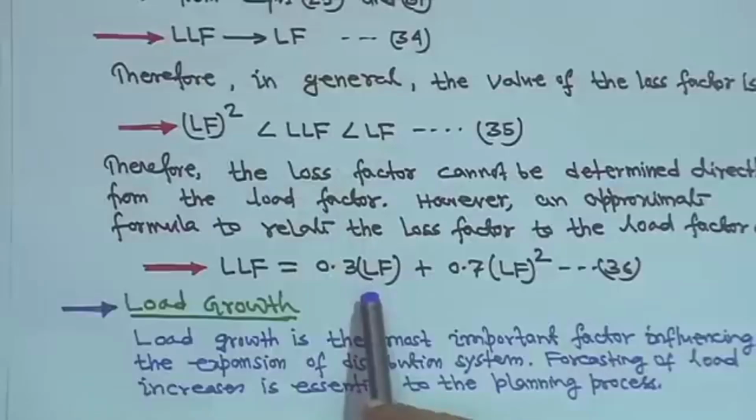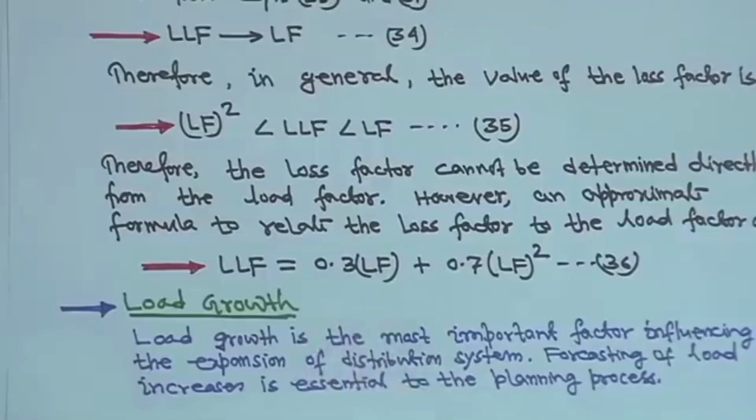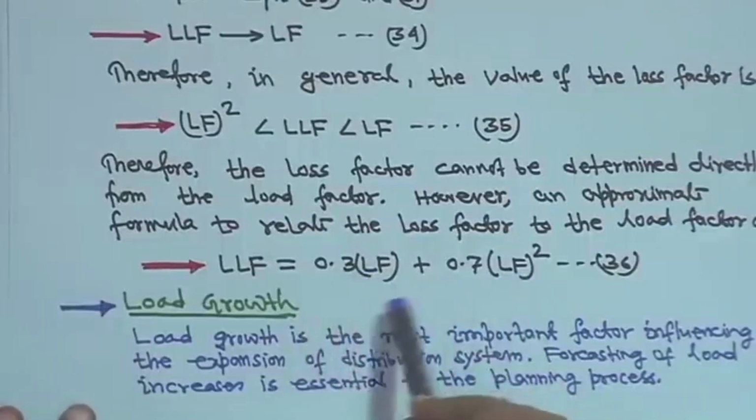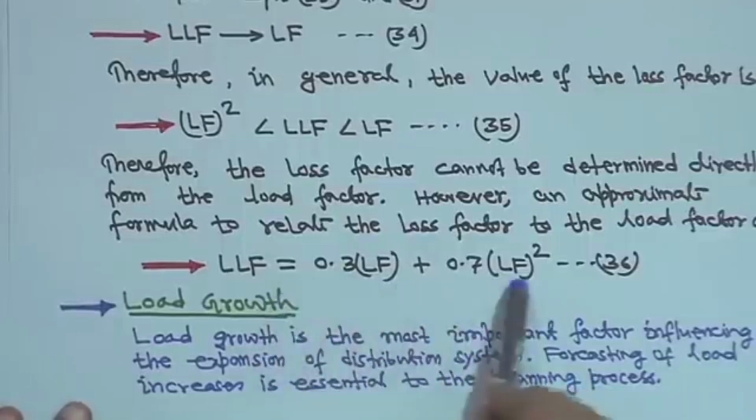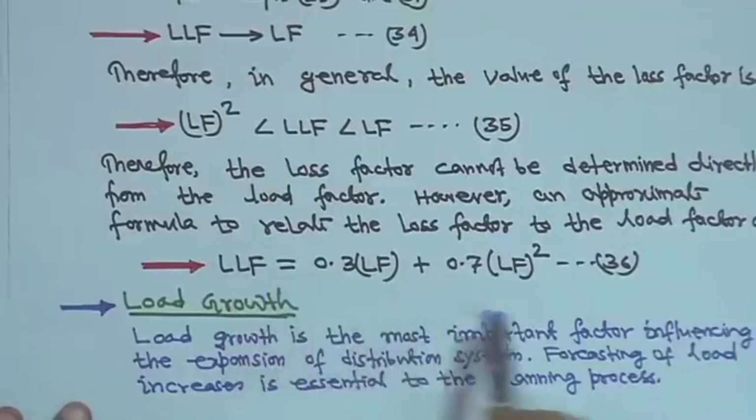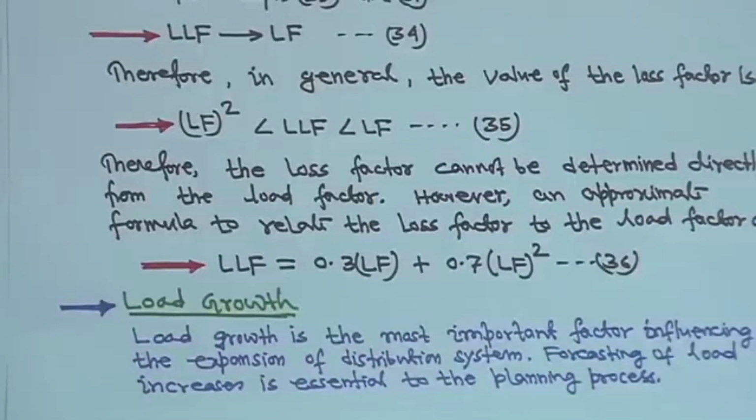This formula is quite valid, but for rural areas, a rural feeder, instead of 0.3 it comes 0.2 into LF plus 0.8 LF square. Approximately, it has been found that these equations relate well between loss factor and the load factor. So, this is the relationship between loss factor and the load factor.